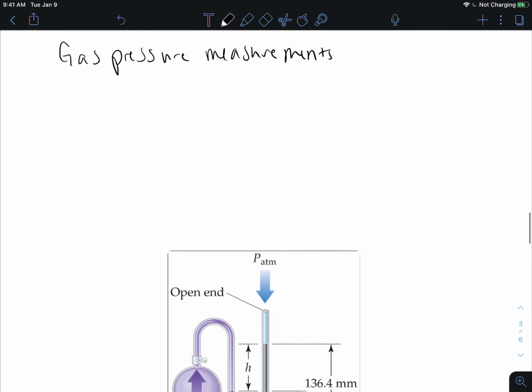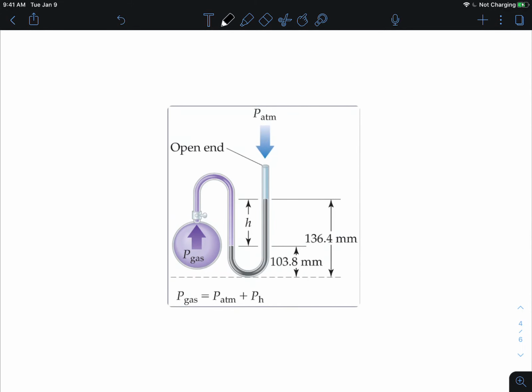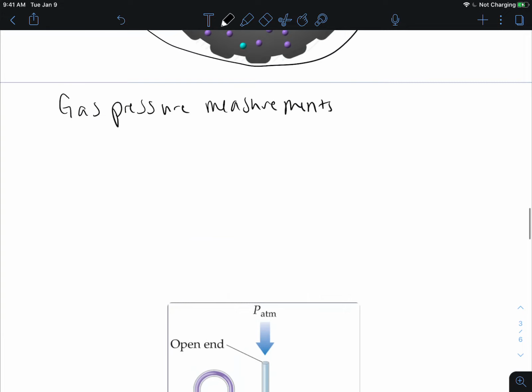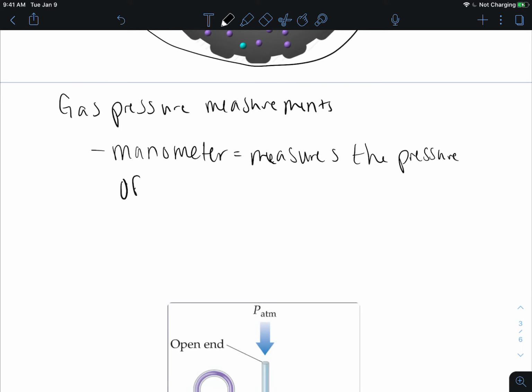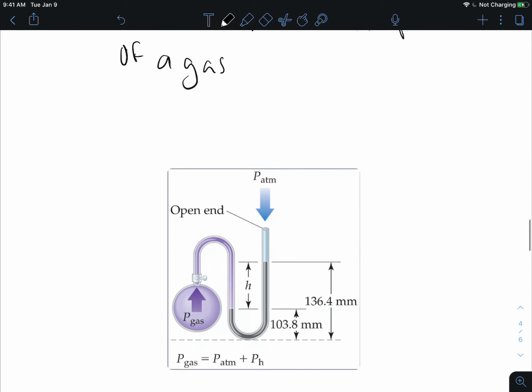So our most common one is called a manometer, which is what I've just shown below. A manometer measures the pressure of a gas. So here's a gas right here that we want to measure the pressure of.